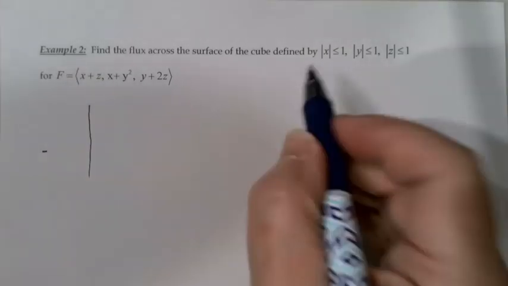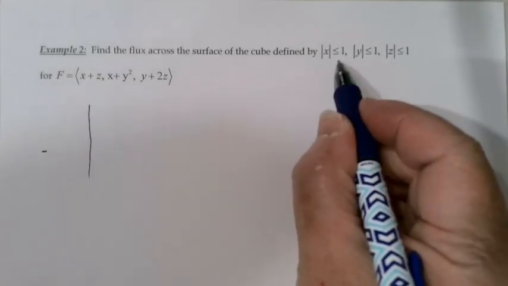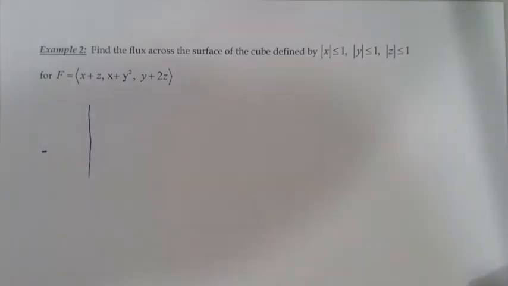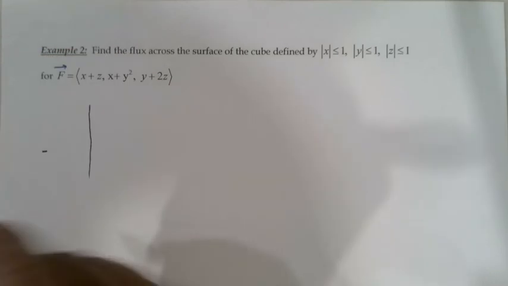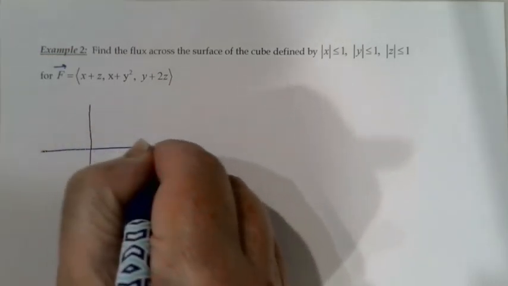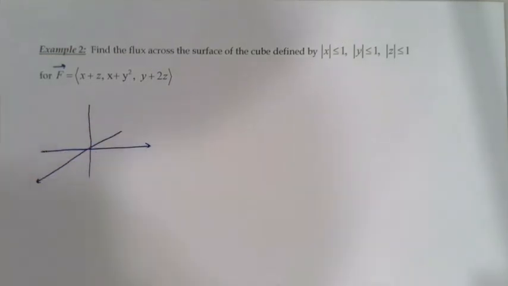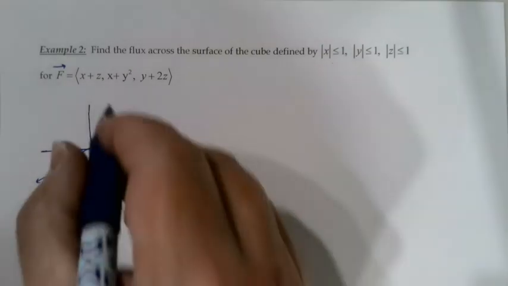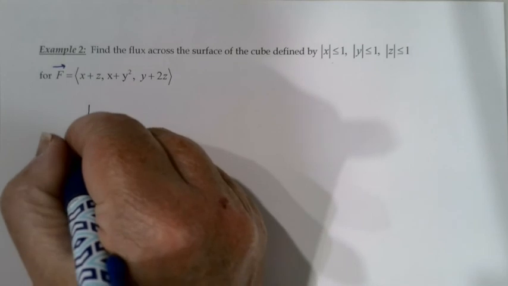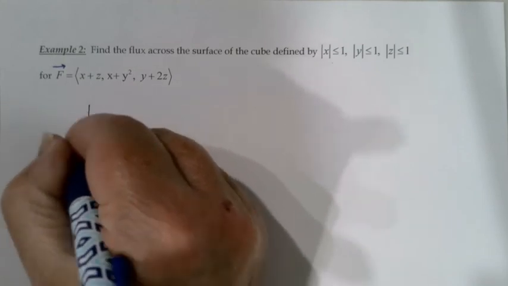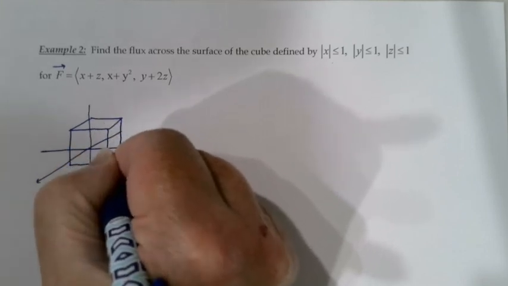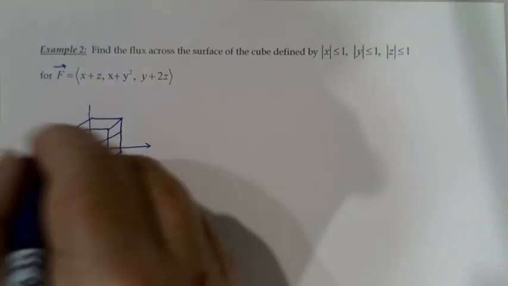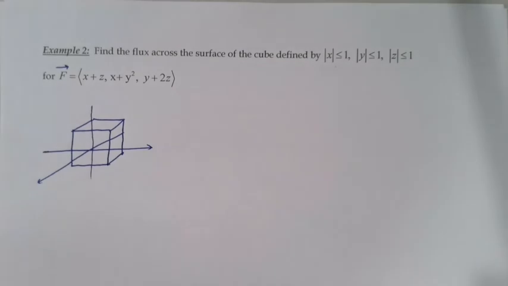We want the flux across the surface of the cube, defined by the absolute values of x, y, and z all being less than or equal to 1, for this vector field F. So x, y, and z all go between plus and minus 1, so I'm going to end up with kind of this cube here, going from plus to minus 1 on the y, on the x, and on the z.